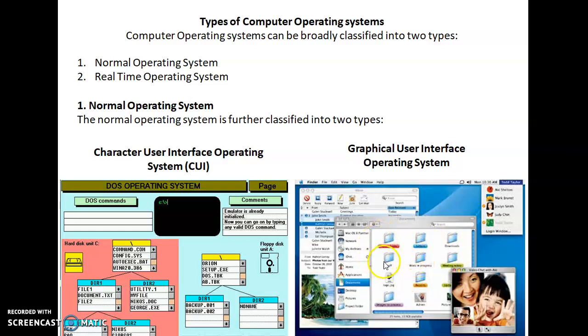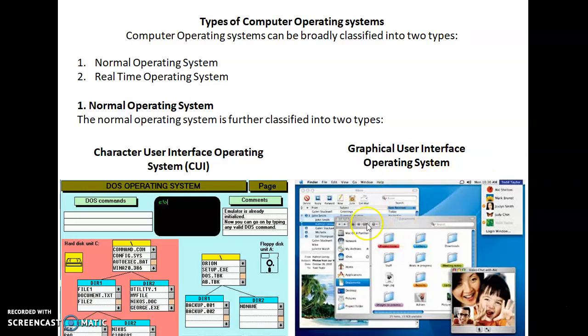You can also explore the different files that exist in the operating system here. This is also applicable here, but in CUI you need to remember all those commands. Here you don't need to remember because all the shortcuts are already available as an interface.